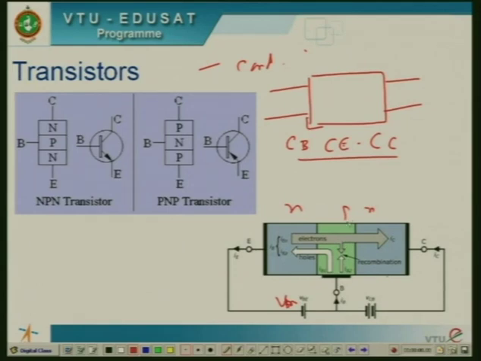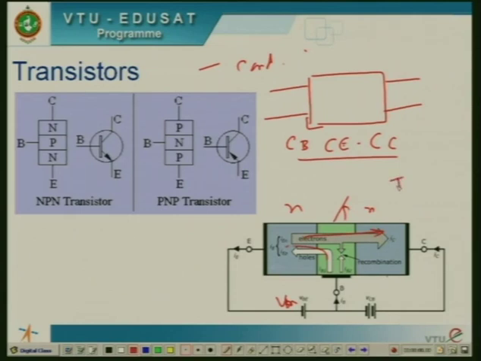Some of the electrons recombine with holes, and the holes from the P-type material move in the opposite direction. Because the base is lightly doped and its width is very small, most of the electrons pass through the junction and form the collector current IC.